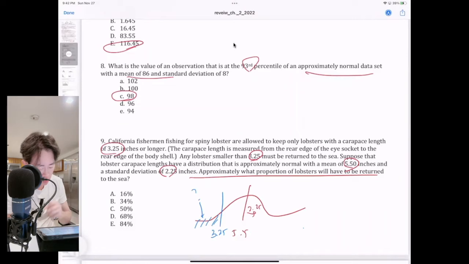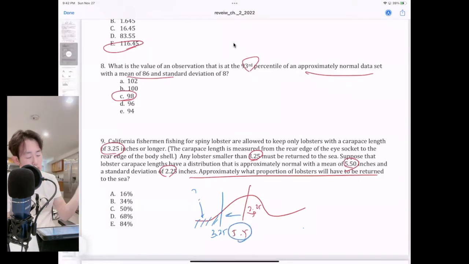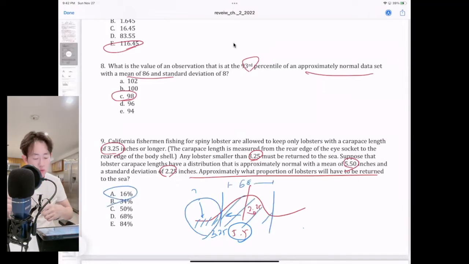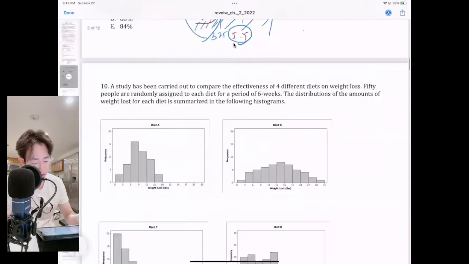Well, if the mean is 5.5, one standard deviation to the left, you subtract 2.25 from 5.5, you should get 3.25. Which means that right there in the middle is 68%. The half of the remainder should only amount to 16%, because 16, 16, 68, they all have to add up to 100%. So number 9, yep, it should be A.